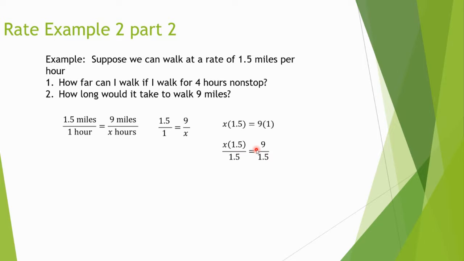And so we get x is 9 over 1.5, which turns out to be, if I did this right, 6. I think I did that right. I know before in my other class that there was a mistake, but I fixed it here. So this is what we get here. Again, it's just using proportions. That's all we're using here. So our answer then is 6 hours.